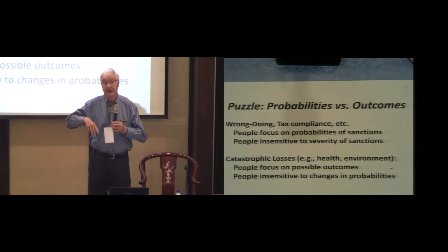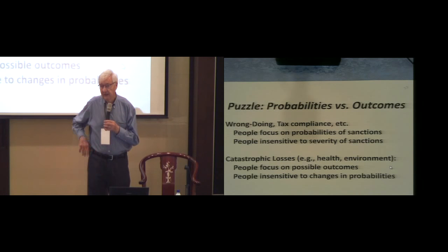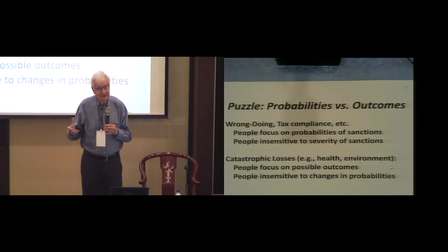They only worry about the fact that we're talking about a nuclear meltdown or whatever the issue is, or a serious medical outcome. They worry about that. They don't really pay attention to the probability. So you as a planner, how are you going to handle this? You can go with the cheap option and people really don't care because they're not focused on the probability. Is that really what you want to do? It messes things up.